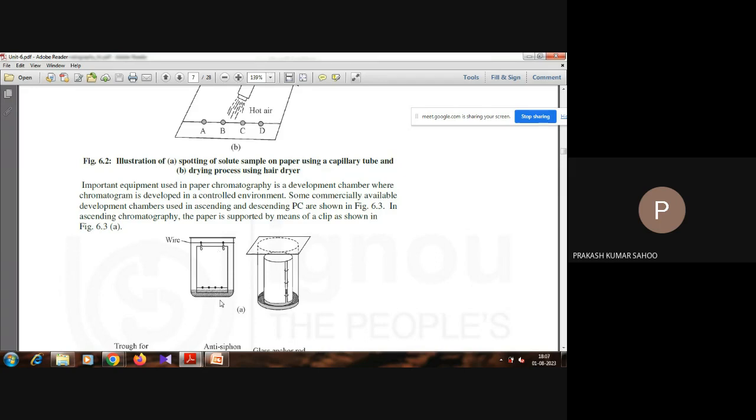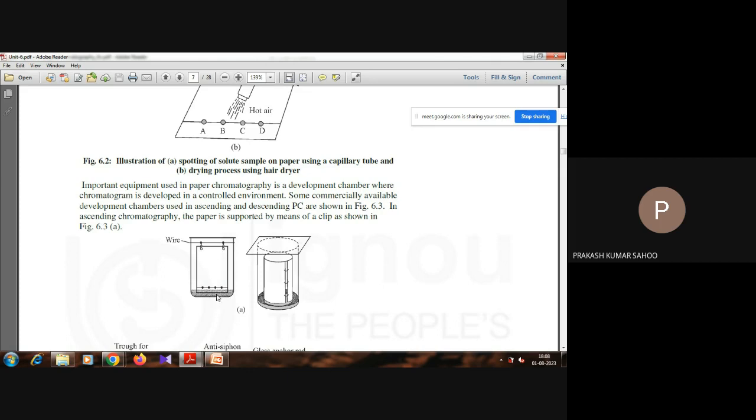After putting this, the solvent will go up by capillary action, and when it goes up, it will simultaneously react with these samples. With respect to the interaction or the polarity of these components, the different components will have different colored spots in this chromatogram paper or in this stationary phase.